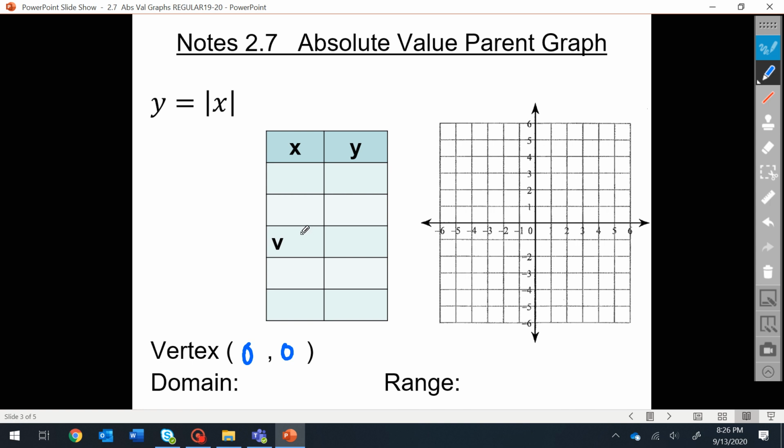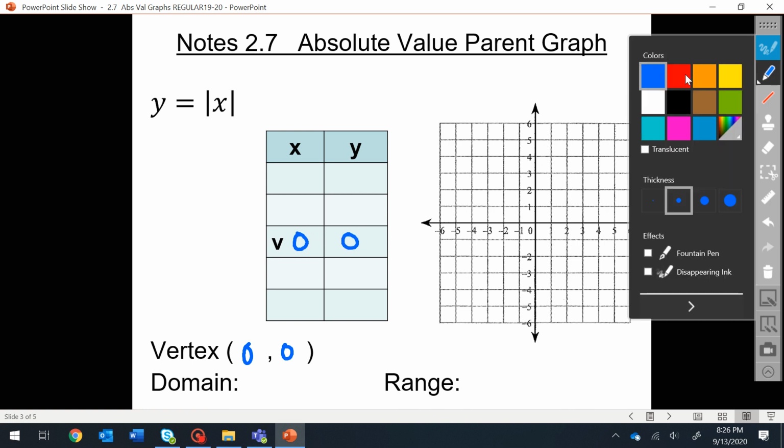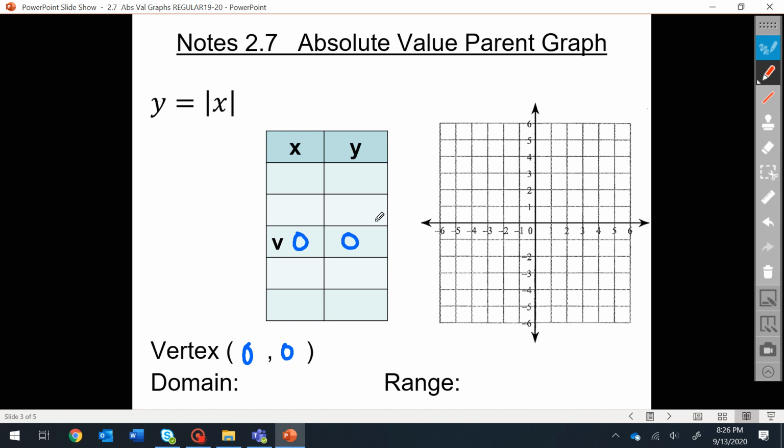So our vertex is going to go in the middle of our table. To find the rest of the ordered pairs, we need two x values going this way and two x values going this way from 0. So we need two x values smaller and two x values larger. We'll do -1 and -2, and then we'll do 1 and 2.